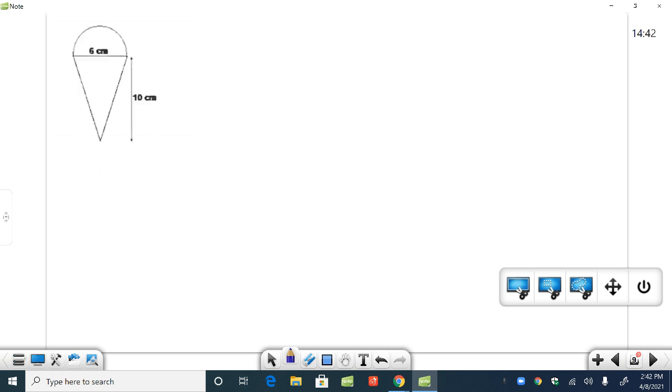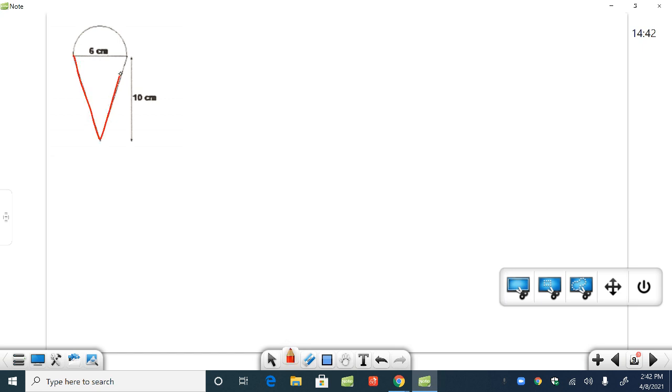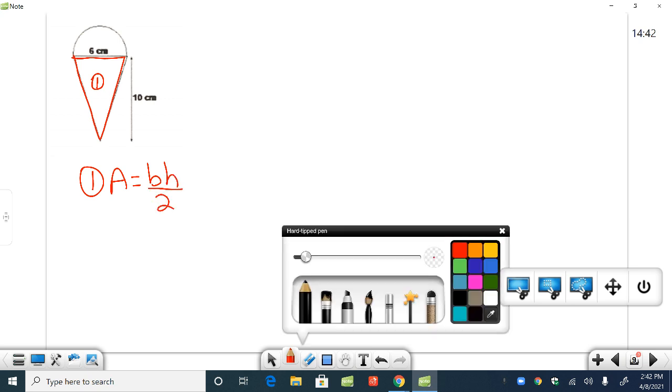All right, so we have got to do the same thing. Let's label our shapes. Shape number 1 is this upside down triangle. The formula for that is base times height divided by 2.